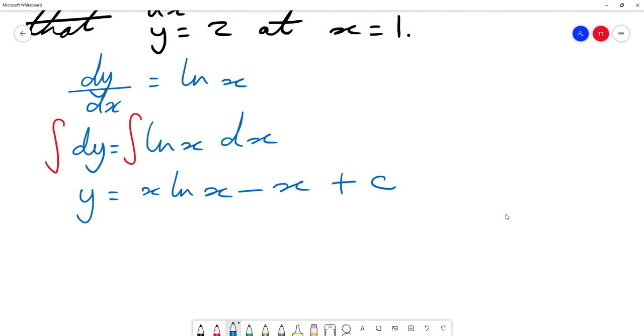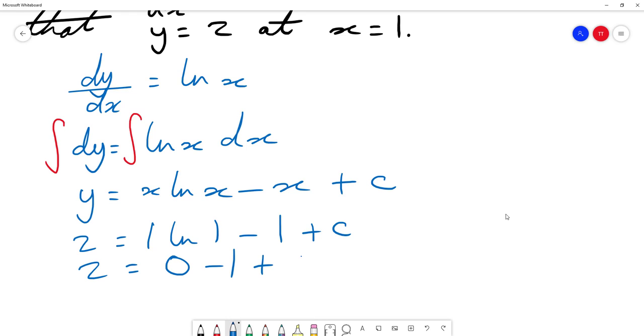Now, we've been given some boundary conditions: y equals 2 and x equals 1. So I'm going to plug in y to be 2, x is 1, so it's 1 ln 1 minus 1 plus c. Well, ln 1 is 0, so that will give me 2 equals 0 minus 1 plus c.